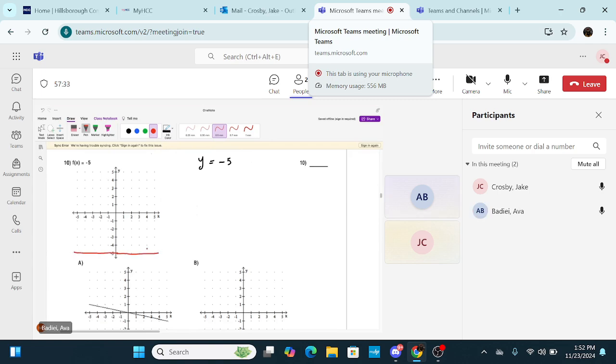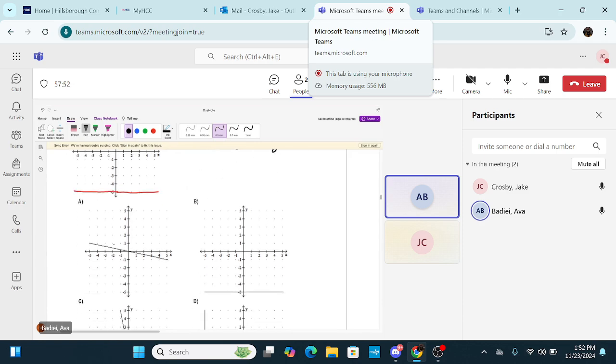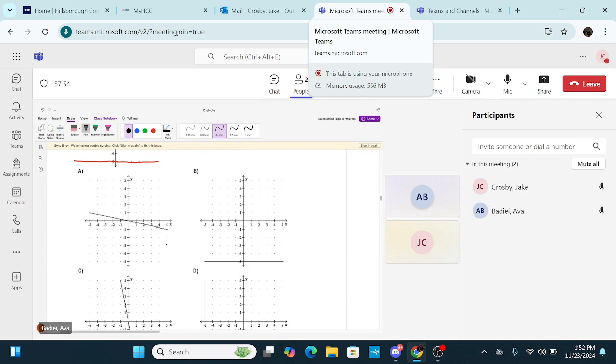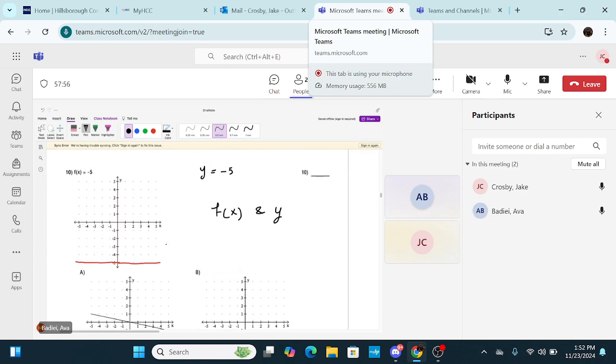F of x equals y? For f of x and y, you can use these interchangeably. Sometimes you put y equals -5, sometimes you put f of x equals -5. They are the same thing. And since there's no x, you know it's going to be horizontal.